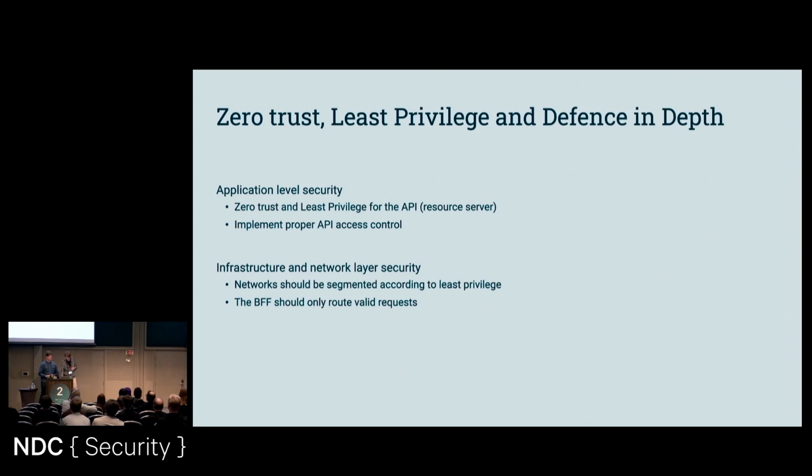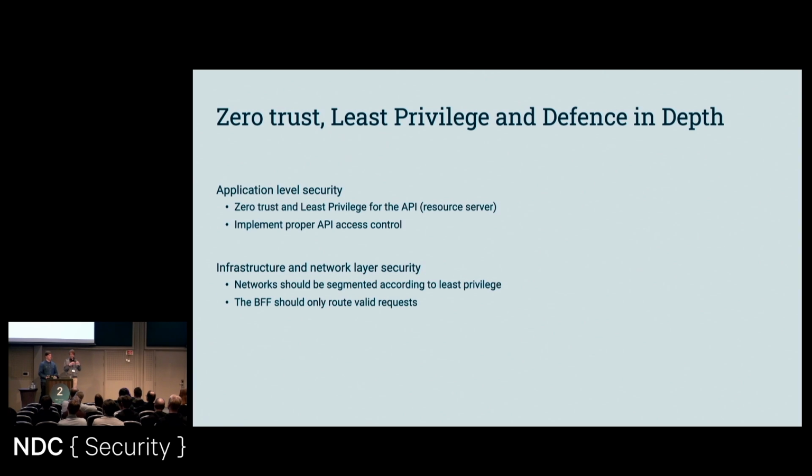So how should we address this? Well, as always, sound security principles will guide us in the right way: zero trust, least privilege, and defense in depth. We should build strong solutions with defenses in multiple layers, and we should not trust that the gateway does access control for us.